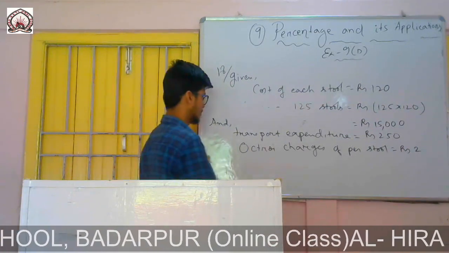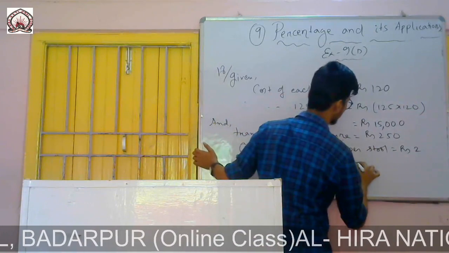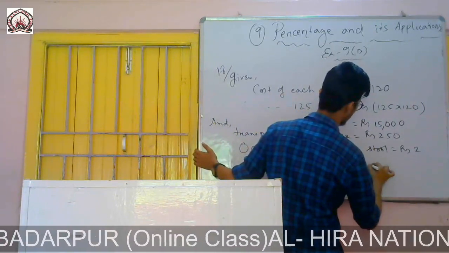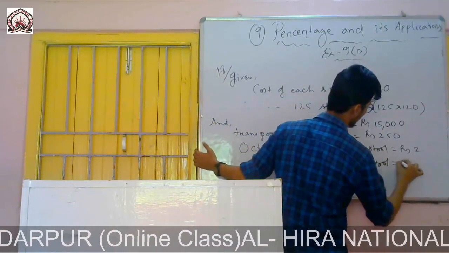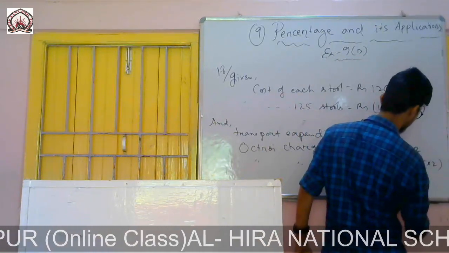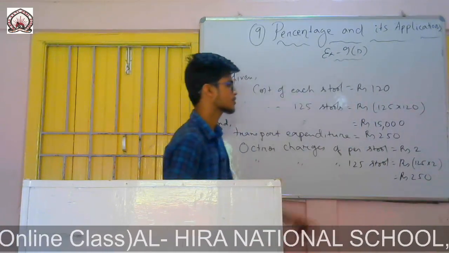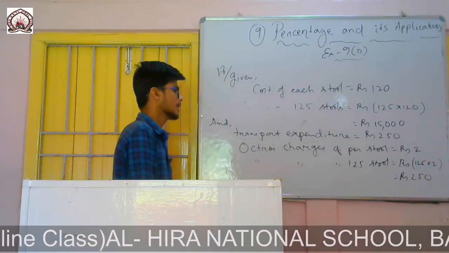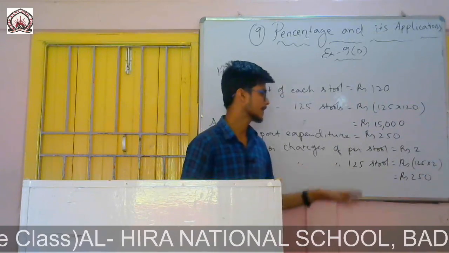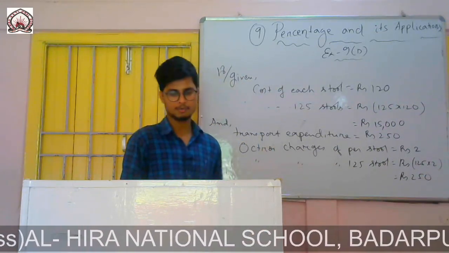That means the octroi charge of 125 stools will be 125 into 2, that means rupees 250.